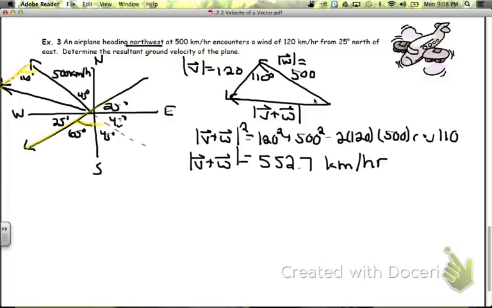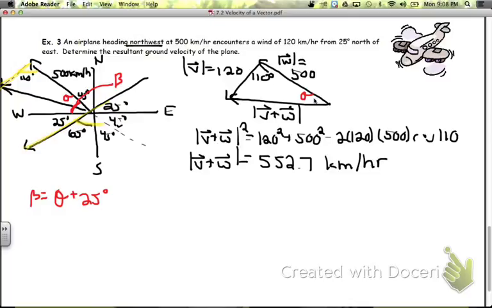So the last part of our question is that we need to find what the angle measurement here is. We're going to call that beta, and beta is equal to theta plus 25 degrees.